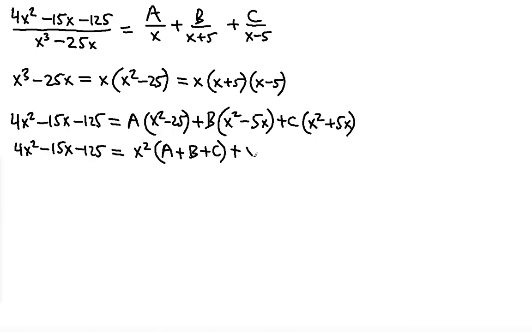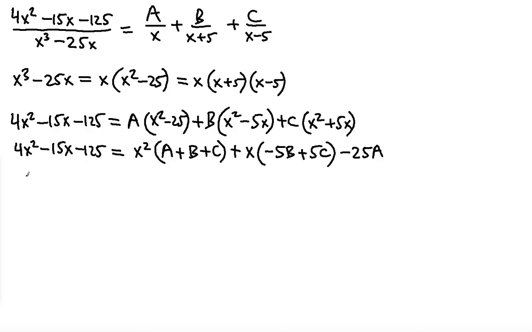Now plus x, let's see what multiplies the x to the first power. Minus 5b, right? So we can put that down, minus 5b, and plus 5c. And then finally the constants, right? Minus 25a. So let's just put that down, minus 25a. And that's it, right? There's no other constant but that.